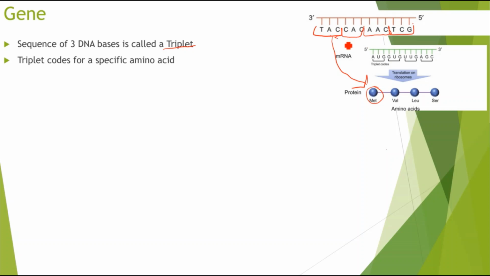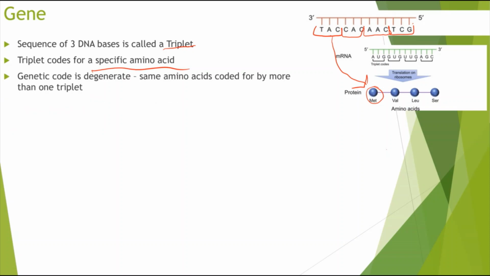The specific triplet code would code for a specific amino acid. For example, TAC won't be able to code for, let's say, Val or Leu or Ser. It can only code for Met. So the triplet codes for a specific amino acid.